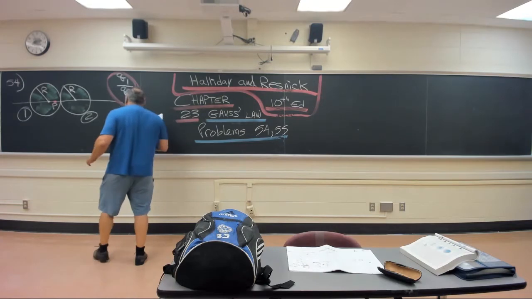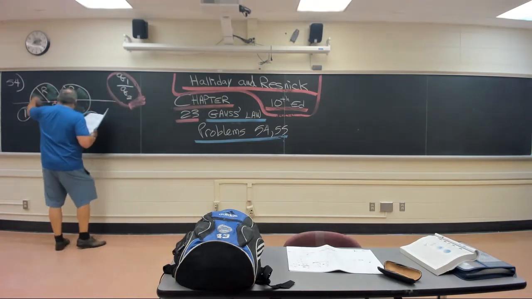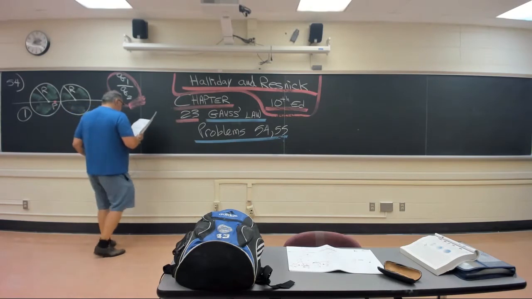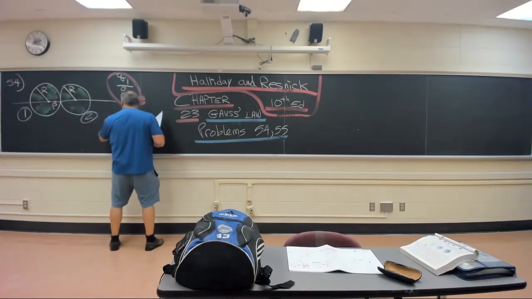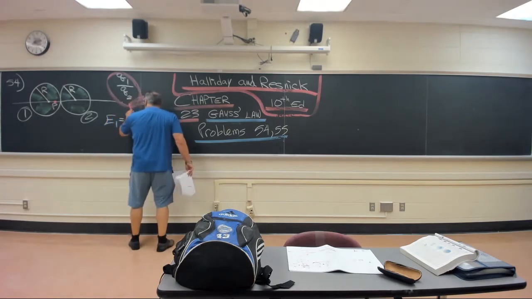We can say that E1, the charge associated with what's happening, well, what is the E field at that point? We're going to use Gauss's law. And the way that's going to happen is you're going to say E1 is the charge density.